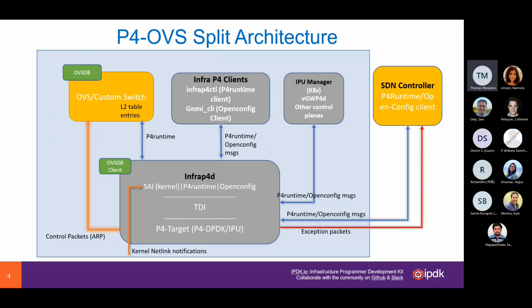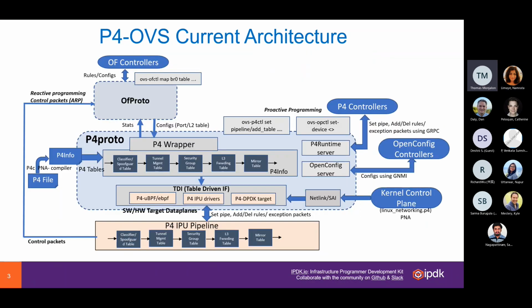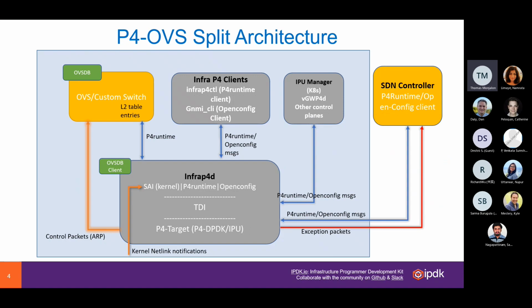Okay, thank you. So in your previous slide number 3, you show that there are 3 different targets in TDI, which are BPF, P4 IPU, and DPDK. And then the next slide, we see only DPDK. Does it mean that IPDK is supporting only DPDK as a target?